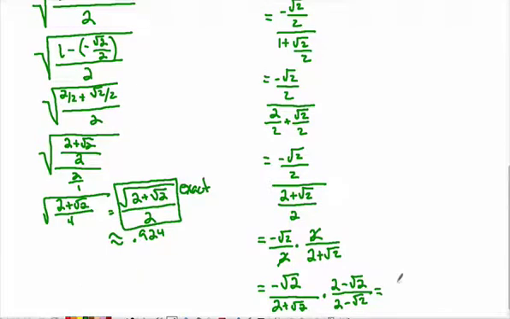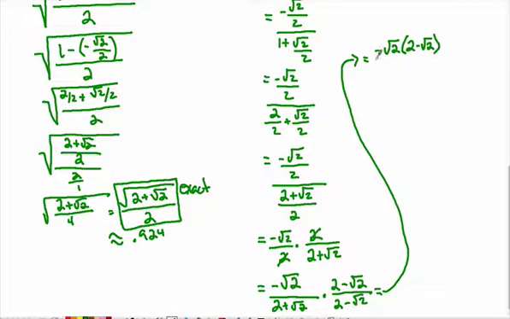And that's going to give us, I need plenty of room here, so I'm going to go right back up here, negative root 2 times 2 minus root 2 all over, well, this is a difference of squares, so 2 squared minus square root 2 squared. Now let's simplify all this out here.